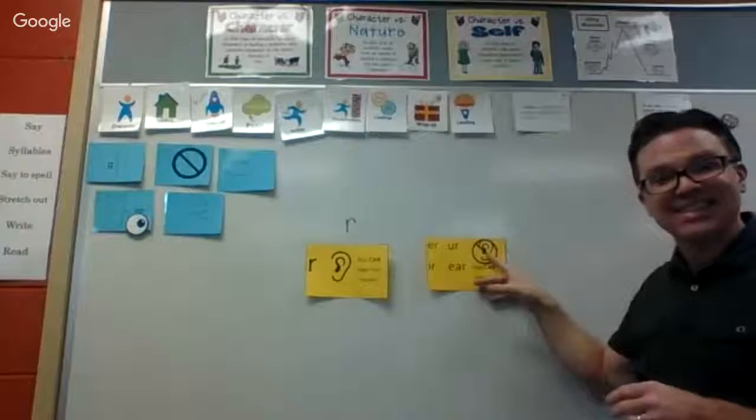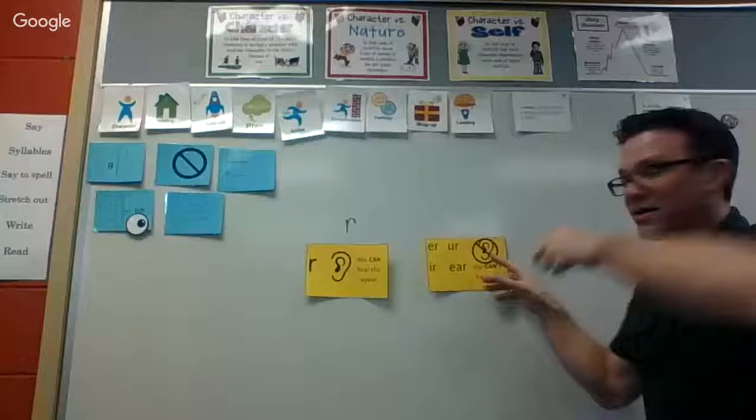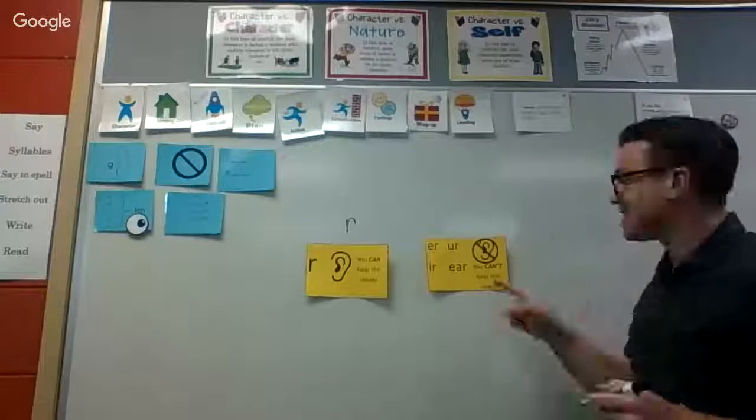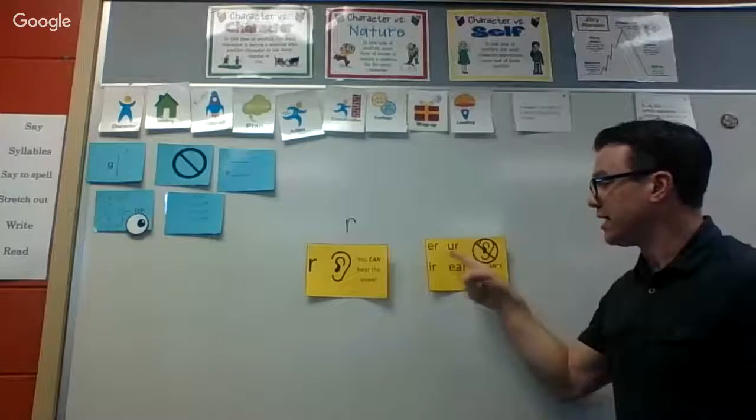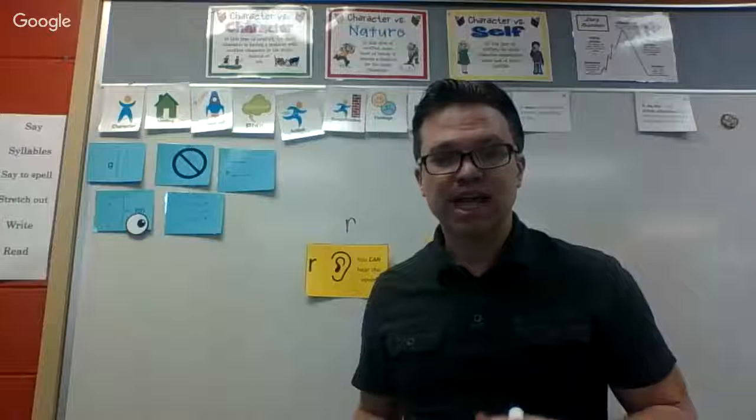And look, it has the EAR again, but it has that symbol again, which means not. And it says you can't hear the vowel. When you have one of these R-controlled, the R is so controlling that basically it's like, bloop, there goes the vowel, no sound. The vowel makes absolutely no sound.